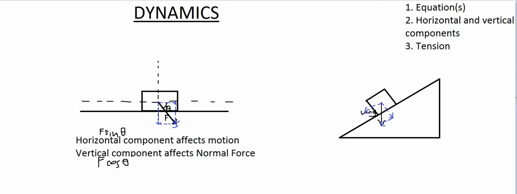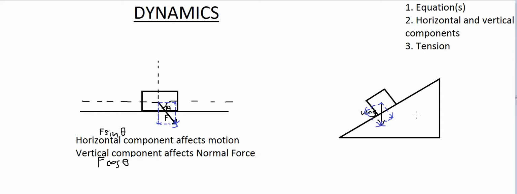Assuming there's no frictional force, this block will just slide downward with this force, and this other force you can also move here; this is the normal force.